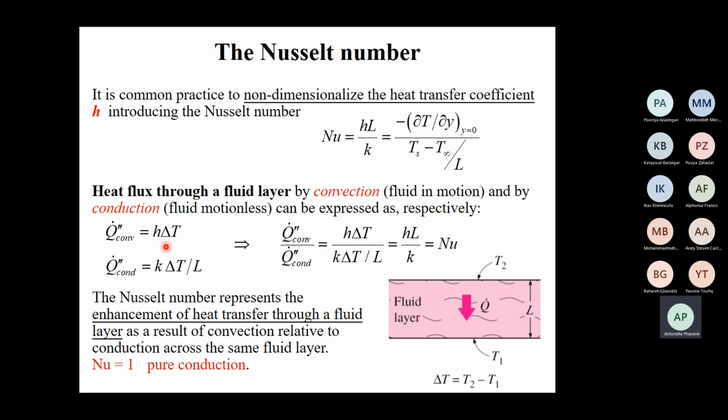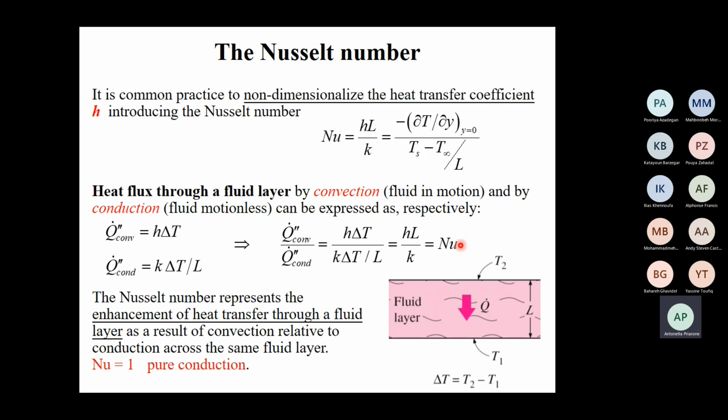If I calculate the convection by means of its flux, so watt divided by a square meter, by the Newton law, h by delta T, where delta T is the difference between the two surfaces, and the conductive flux using the Fourier law, k, thermal conductivity of a fluid, delta T again between the two surfaces, L, that is the distance in this case of the two surfaces, doing the ratio between the two expressions, I obtain exactly the Nusselt number.